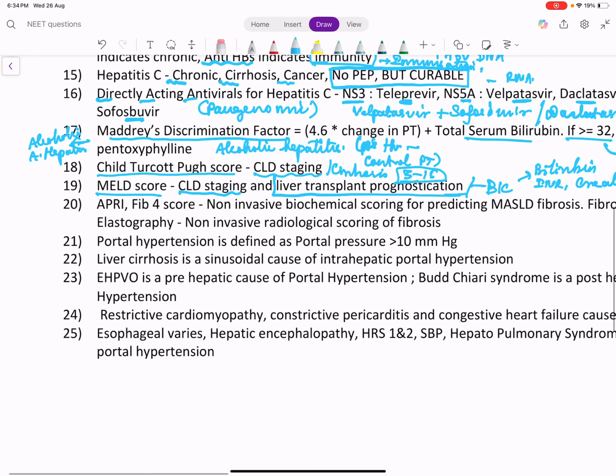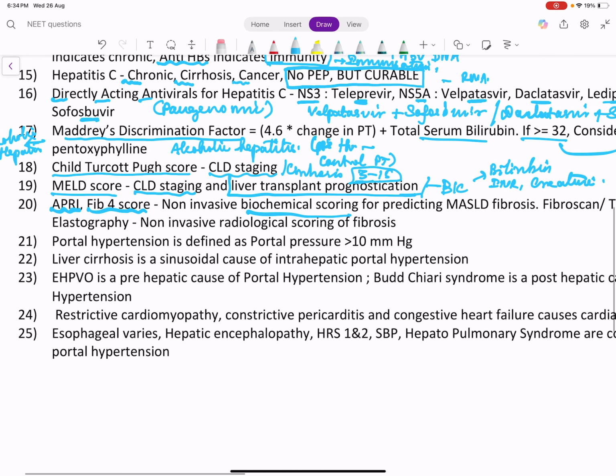What about APRI and FIB4 score? These are actually biochemical based scoring. APRI is actually AST platelet ratio index. So it uses AST and platelets. FIB4 uses age, platelet, AST and ALT levels. So these are actually biochemical tests. When these are positive, it indicates that they may have fibrosis.